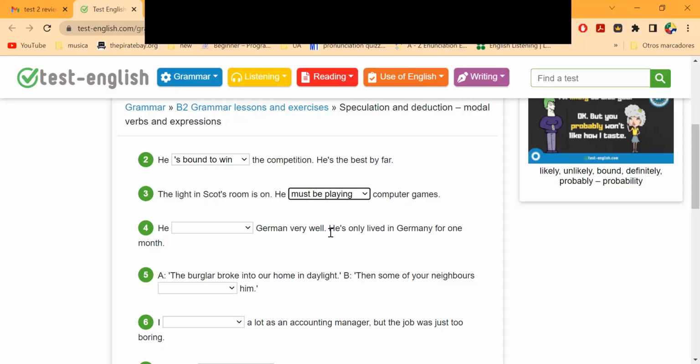He speaks German very well. He's only lived in Germany for 1 month. Hay un presente perfecto, ¿no? Entonces está pasando ahora, ¿no es cierto? También. He can't speak. Sorry, no escuché. Can't speak. Absolutely.